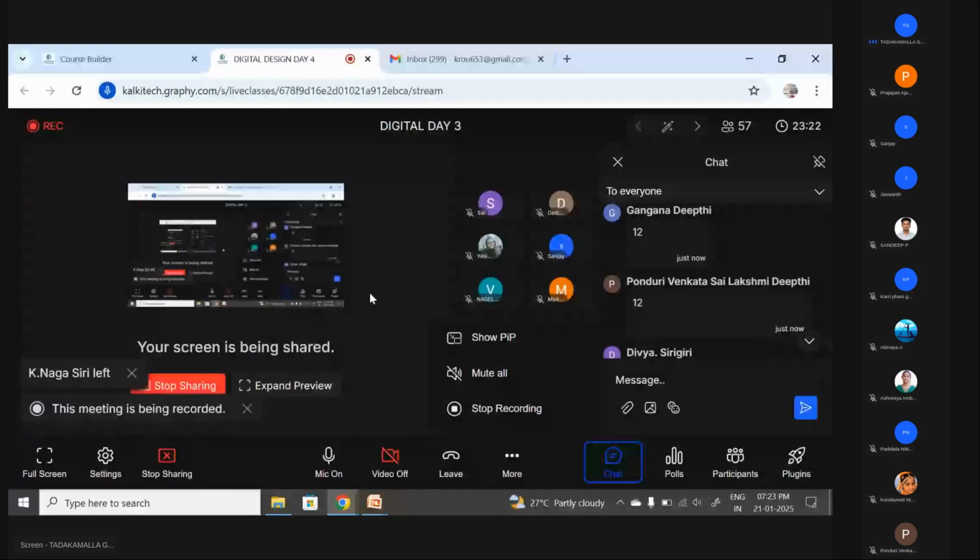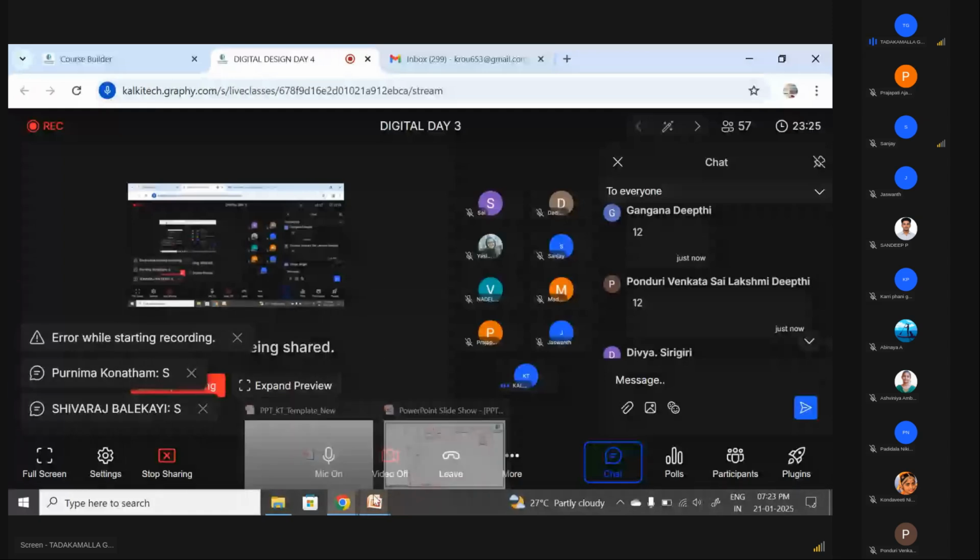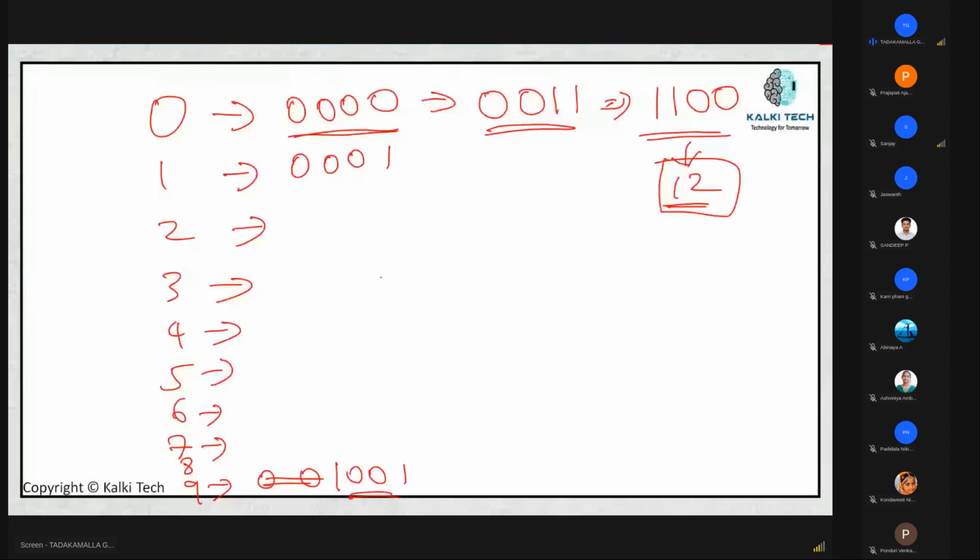So what we were discussing: four zeros, which means the XS3 code is 0011. If we complement this, what are we getting? 1100.